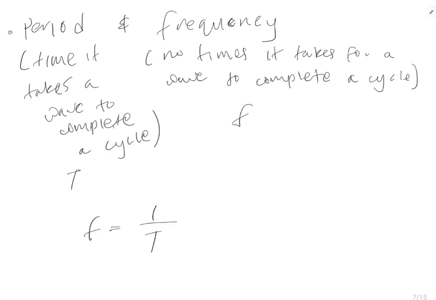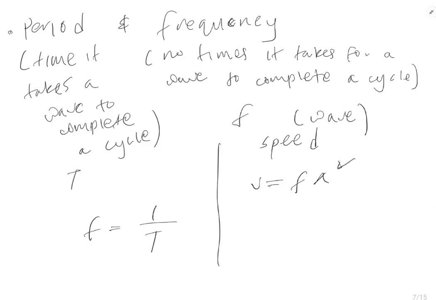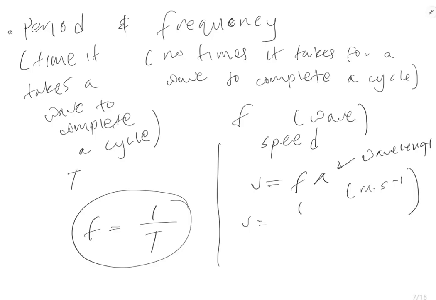That's just some of the ways we describe waves. Another concept is speed, particularly wave speed. The equation for wave speed is v equals the frequency times lambda, which is the wavelength, and its SI units are meters per second. Another variation of this, since we know the frequency is 1 over T, is to use 1 over T if we're not given the frequency and we're just given the period.